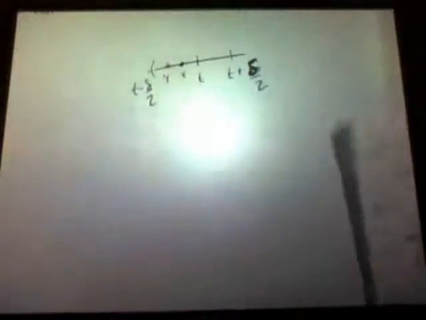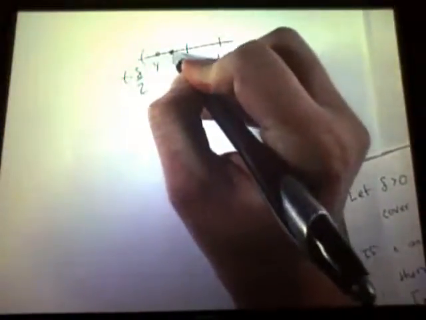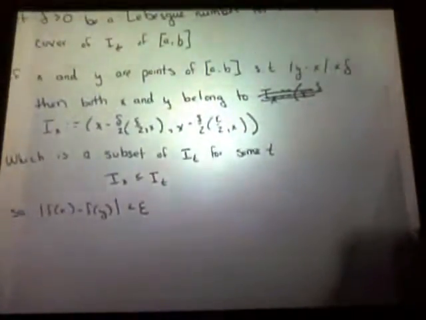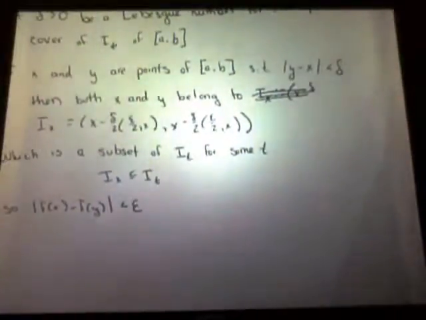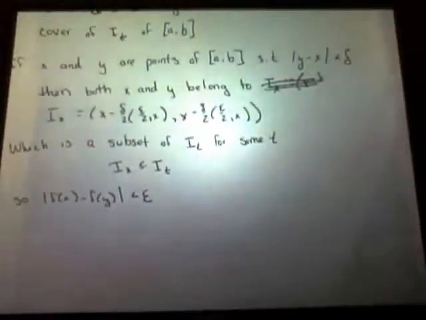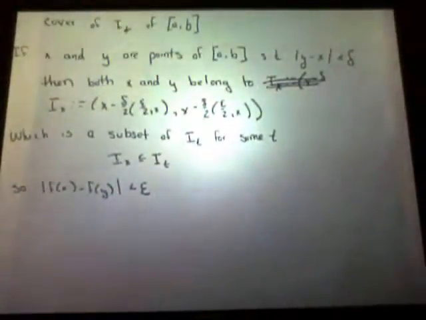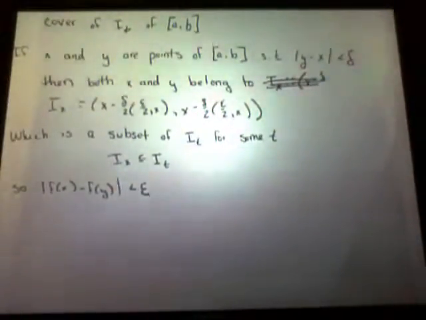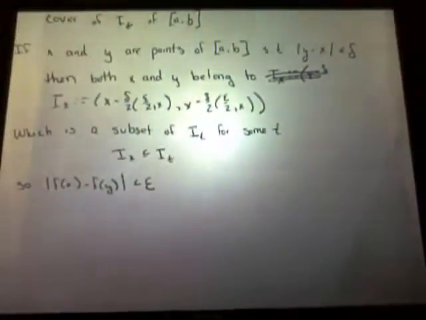What we're kind of trying to say is that we have this interval around x somewhere, and it's inside our other interval. The covering set is (t - delta/2, t + delta/2). Then x was in there, and since x and y are within delta of one another, they're inside that covering set.